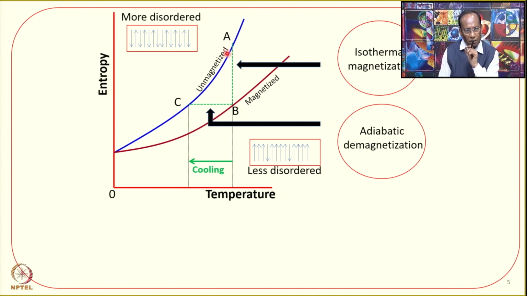Let us consider the process used to achieve very low temperature. Recalling the concepts we developed in chemical thermodynamics, you can easily achieve 4 Kelvin because that is the boiling point of helium.